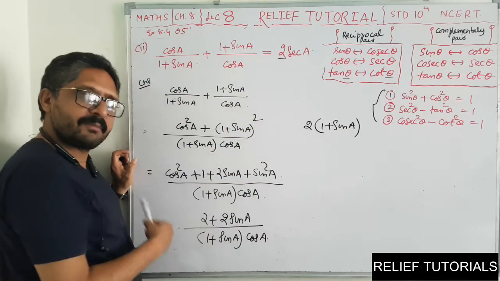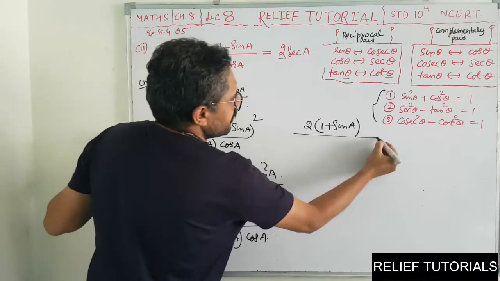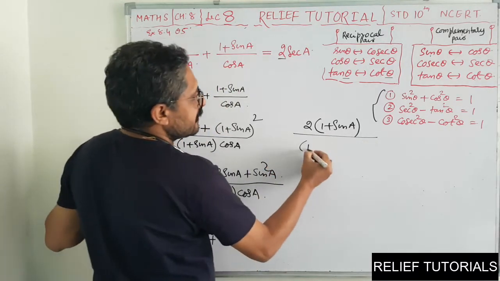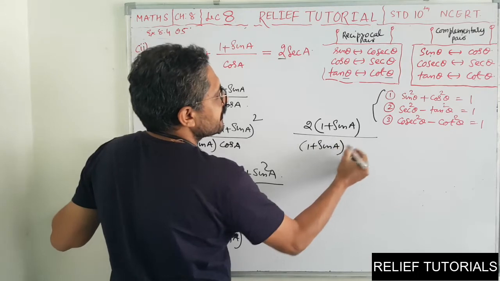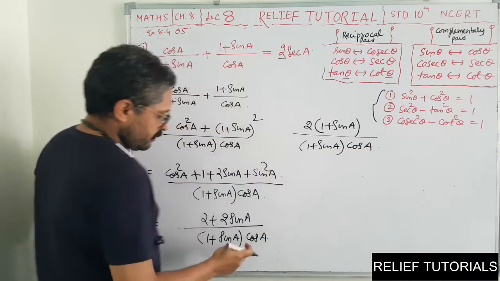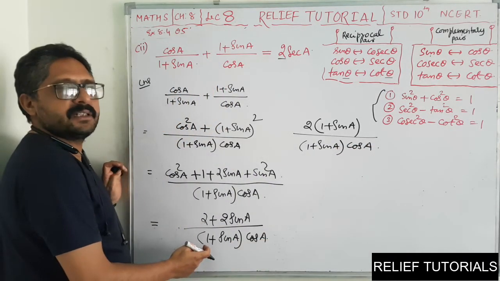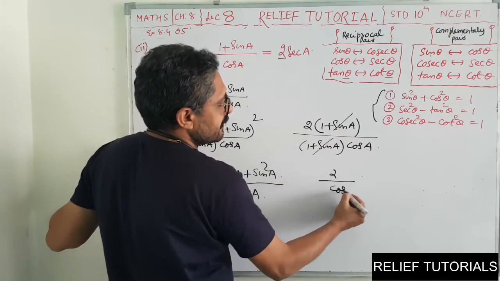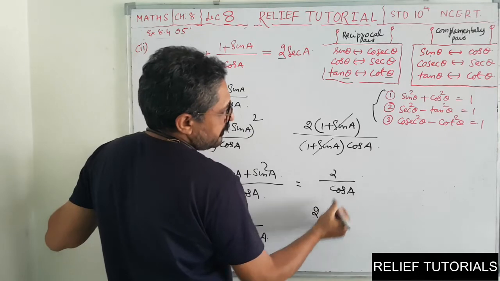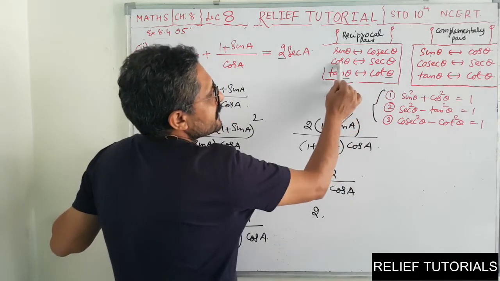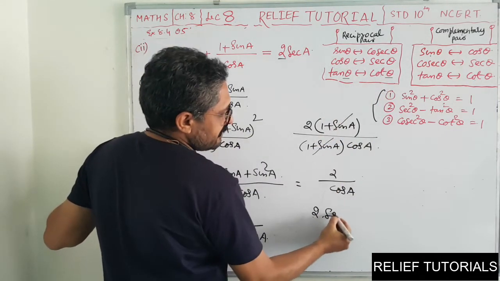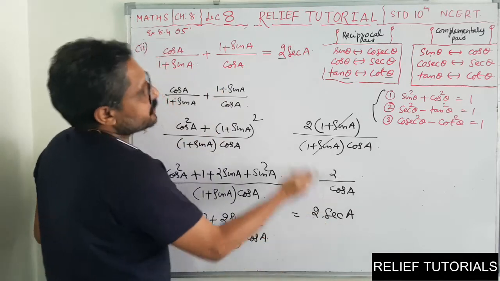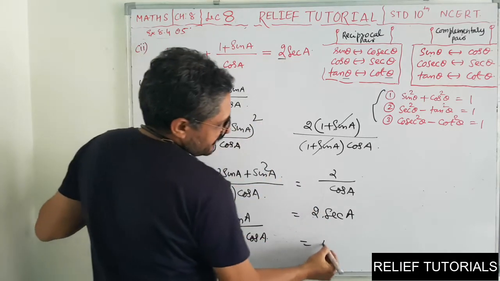So I have taken 2 common upon denominator as it is, 1 plus sin A into cos A. See, don't multiply this. Don't disturb the denominator. Now 1 plus sin A, 1 plus sin A cancel. 2 upon cos A. So 2, 1 upon cos theta. 1 upon cos theta is equal to sec theta. So that is equal to 2 sec A, which is our RHS.